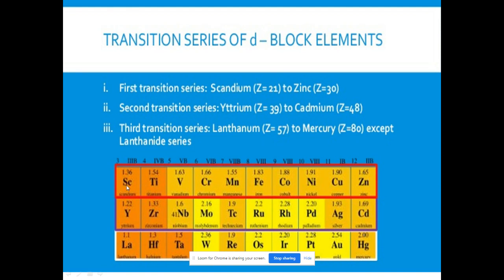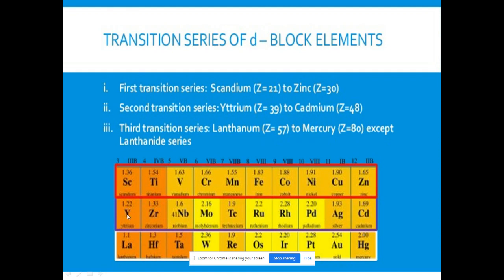Let's look into the first transition series. The elements are scandium, titanium, vanadium, chromium, manganese, iron, cobalt, nickel, copper, zinc.